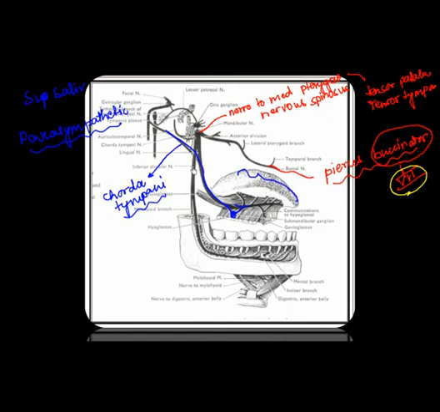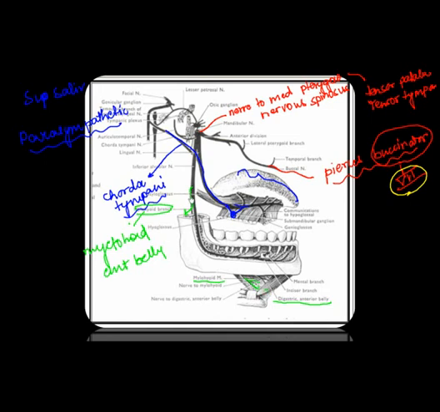Then we have this division, that is the inferior alveolar nerve, that enters the mandibular canal. But before entering the mandibular canal, it gives out this branch, that is the mylohyoid branch, that supplies the mylohyoid muscle and the anterior belly of digastric. This is the nerve to mylohyoid.